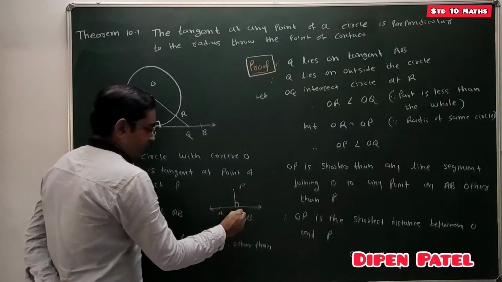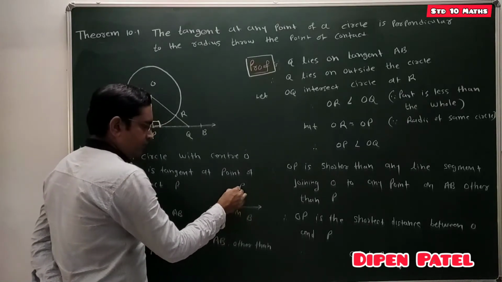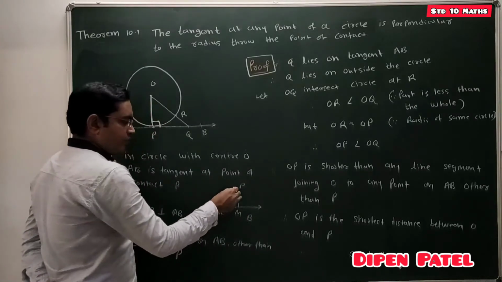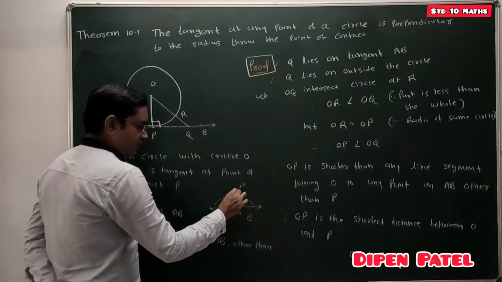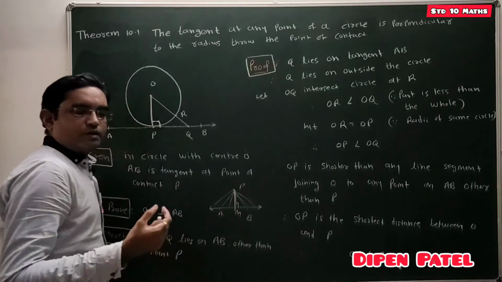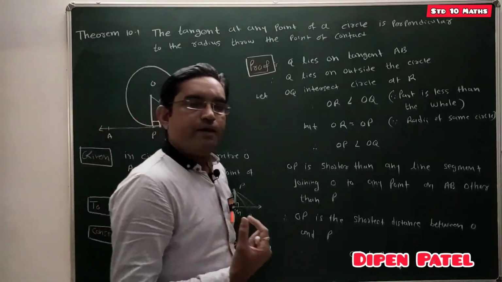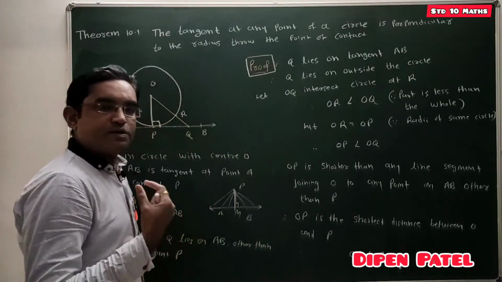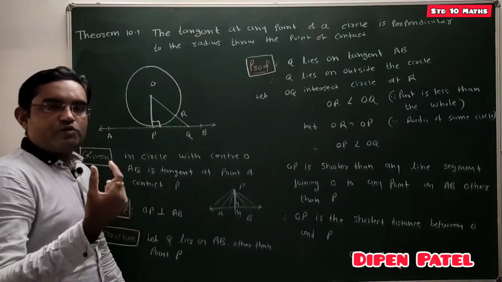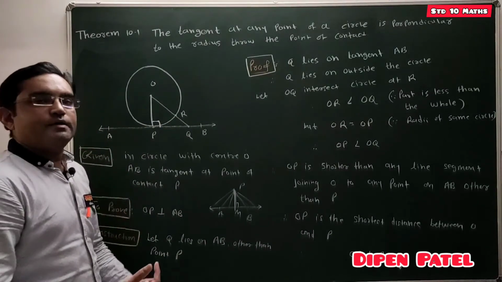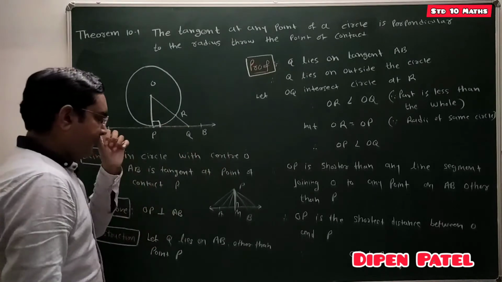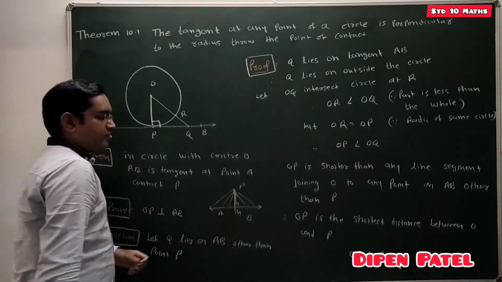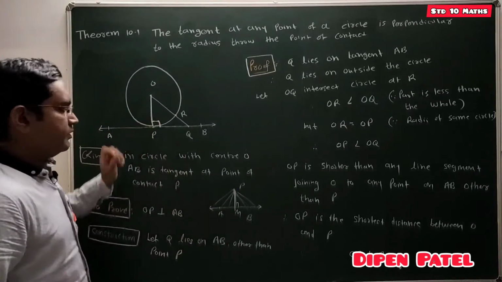That perpendicular will give the distance of this point P from this line AB, because you can find so many distances of this point P from this line, but you have to consider the shortest distance. The distance between any line and point is nothing but the shortest distance between them, and that shortest distance can be obtained by drawing perpendicular from that point to the line. Done? So this is the shortest distance concept that we are using over here.